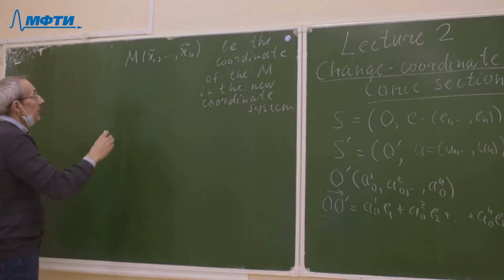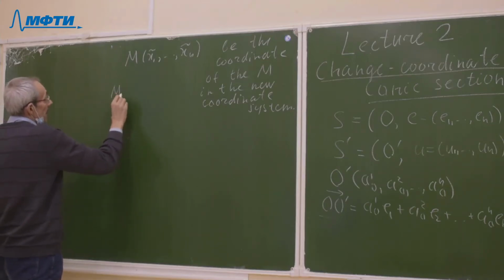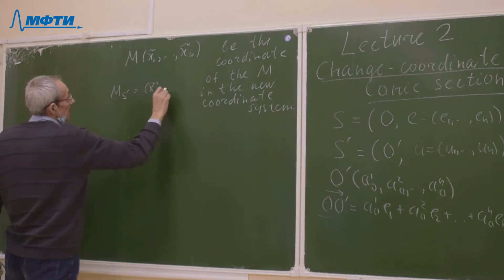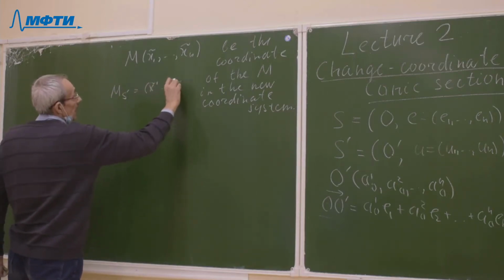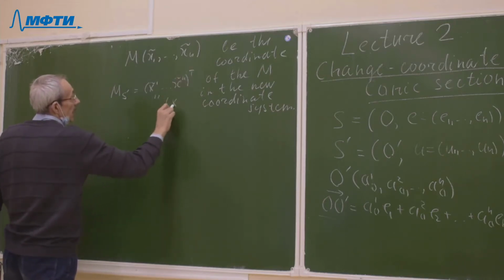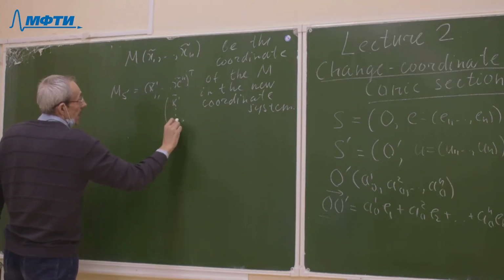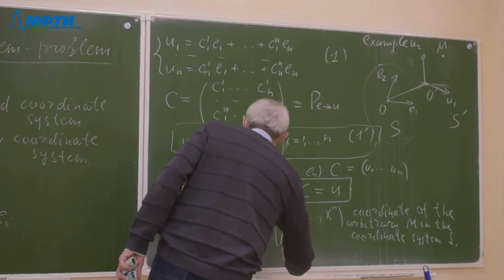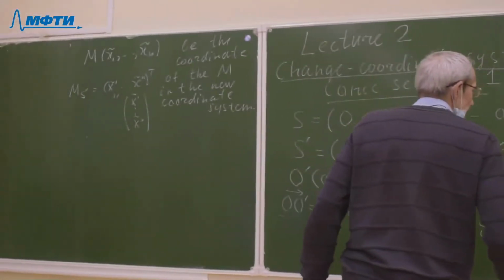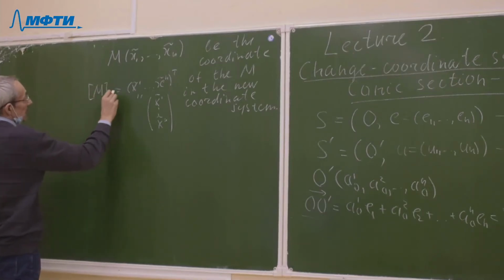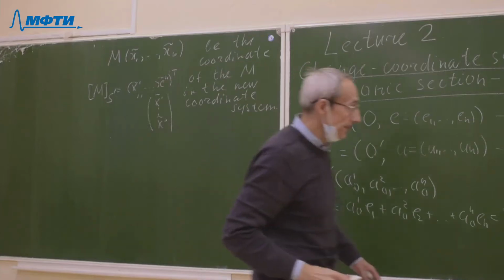We will use the following notation: M in S prime is equal to x tilde 1, ..., x tilde n transpose. And we also use the notation for M in S, with square brackets.